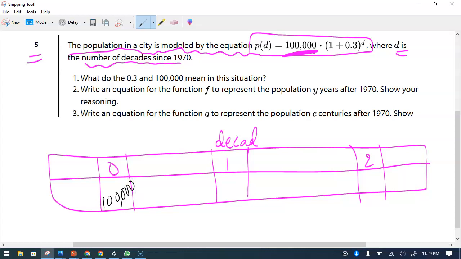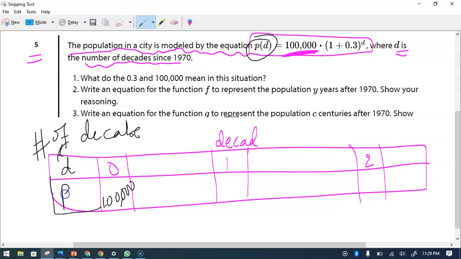So that is 100,000. And D stands for the number of decades. And this one, let's call it P of D, it's already given to us.